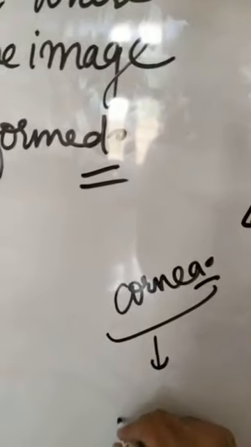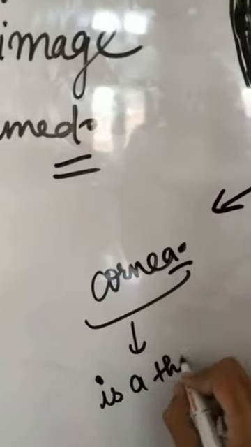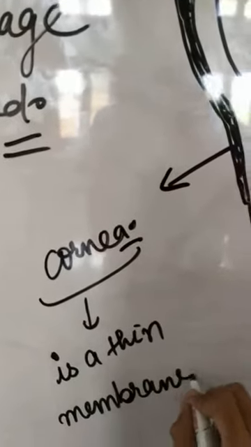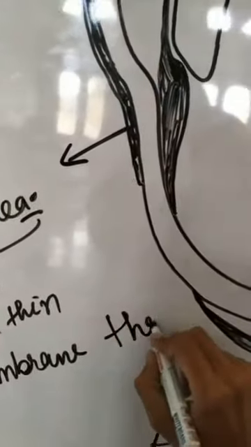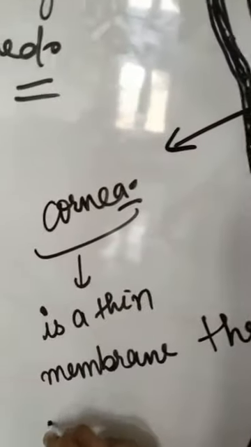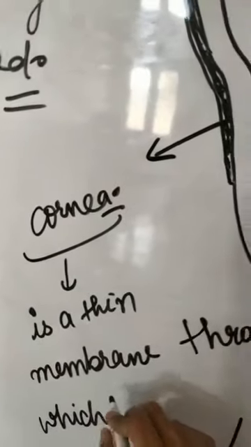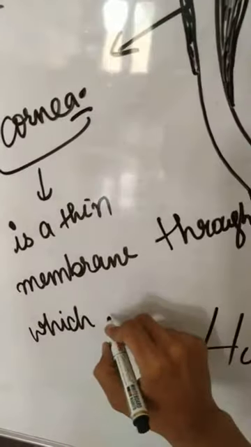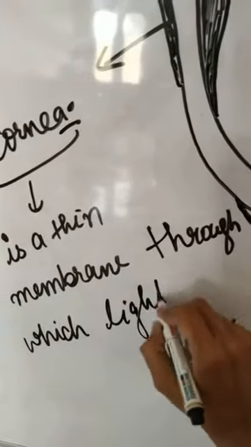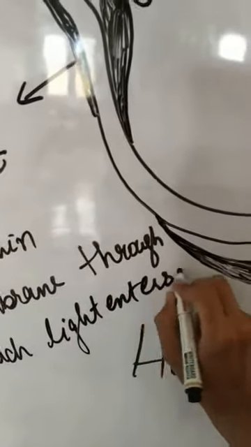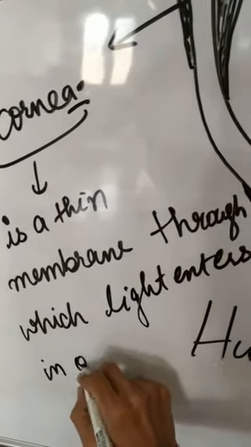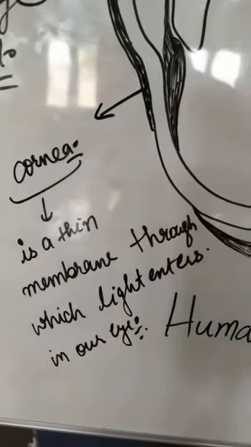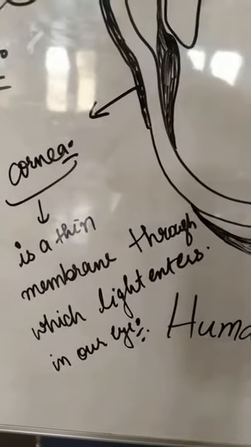Cornea is a thin membrane through which light enters in our eye.